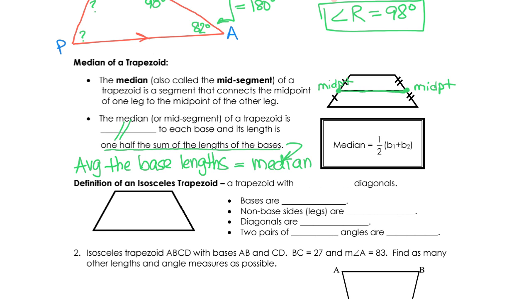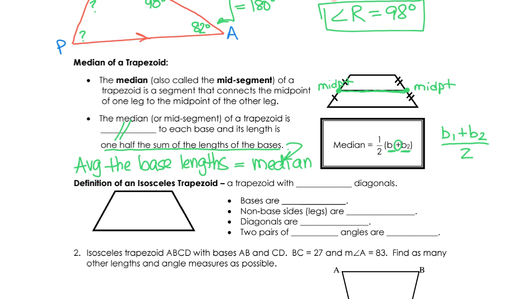And all you do in an average, if you think about how you take an average of your grades, if you ever averaged your grades together, you take the two grades, like two test grades, and you add them together. And because you added two things together, you divide by 2, or you take half of it. Okay? Sometimes I like to write it like this instead. I average by adding two things together, and then I divide by 2. And that's the length of the median. It's smack dab right in between the two lengths of the bases.